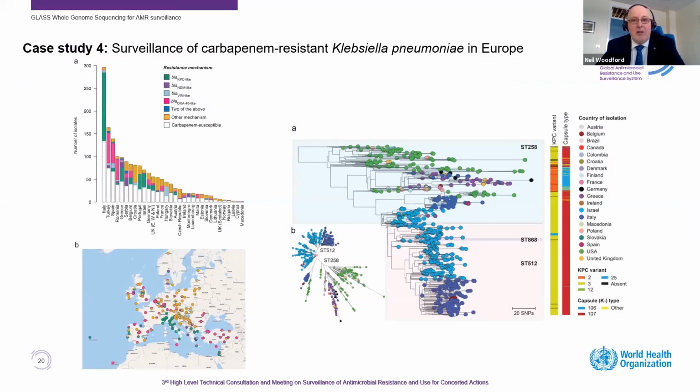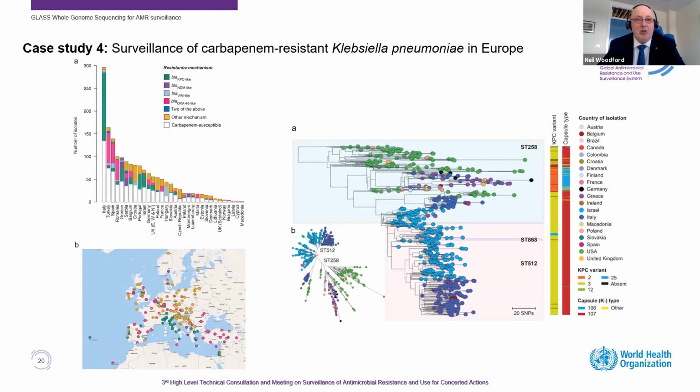So this is one example from the EUScape project that David Aanensen ran, looking at carbapenem-resistant Enterobacterales across multiple European countries. And if we just look at the map on the bottom right, it starts to show how the visualization helps explain what's going on. So the green dots, the KPC producers, are far more geographically clustered than, for example, the pink dots, which are the OXA-48 producers.